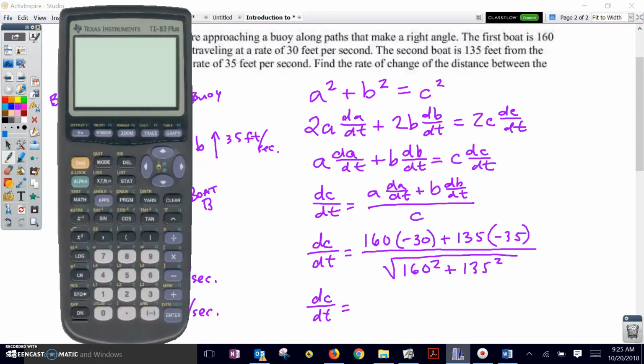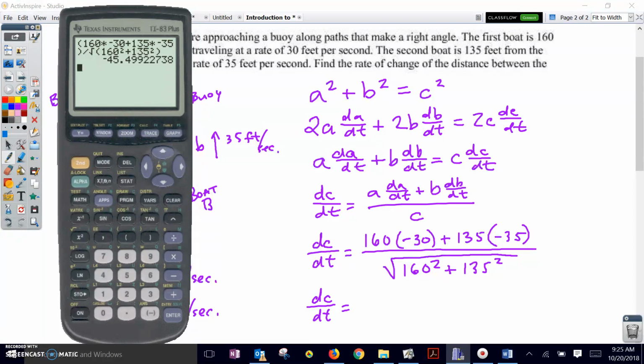Now I'm going to turn to my calculator, and I've got 160 times negative 30 plus 135 times negative 35, divided by the square root of 160 squared plus 135 squared.